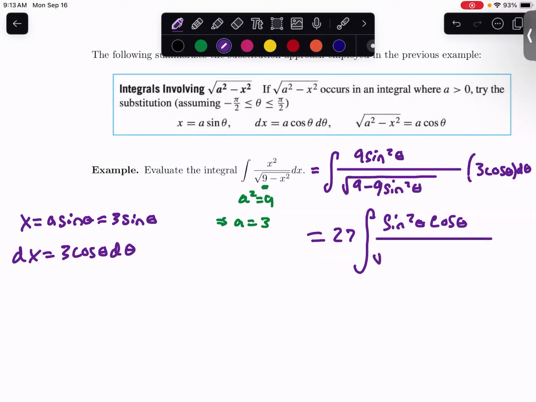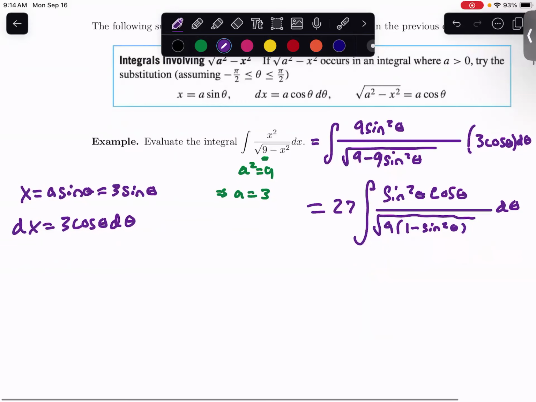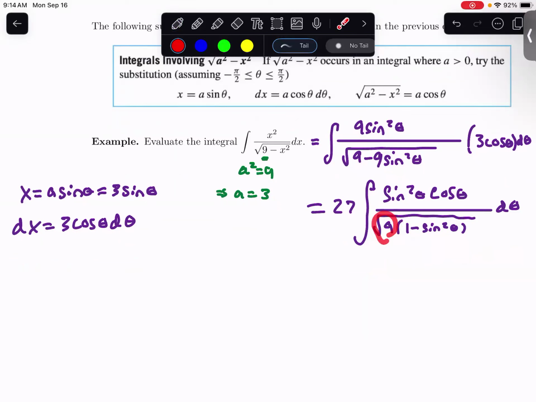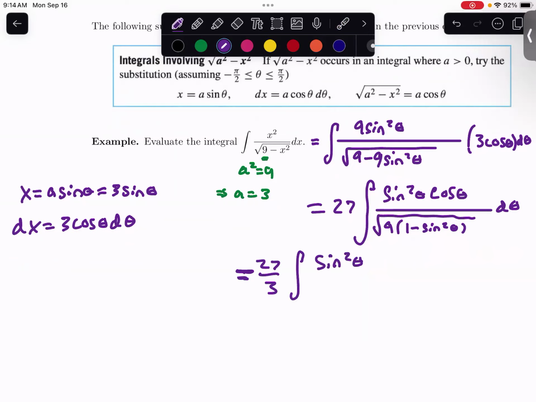Okay, so we can factor out a 9. So this is 9 times 1 minus sine squared theta, and then we have a d theta. We have a square root of 9 that we can bring outside, right? The square root of 9 is just equal to 3. So this is really the same thing as 27 over 3 times the integral of sine squared theta cosine theta over, and we have 1 minus sine squared theta, which is the same thing as cosine squared.